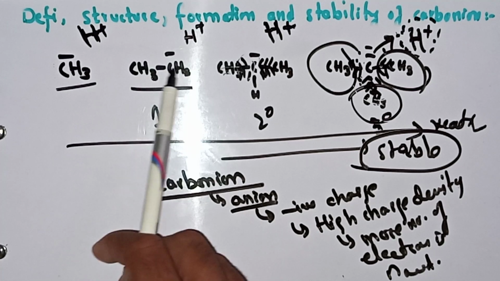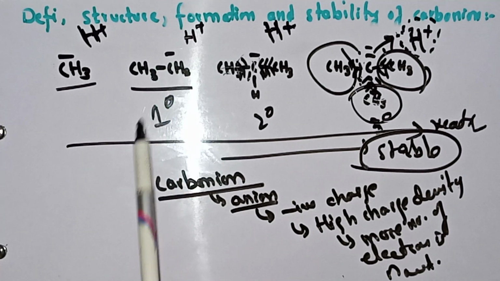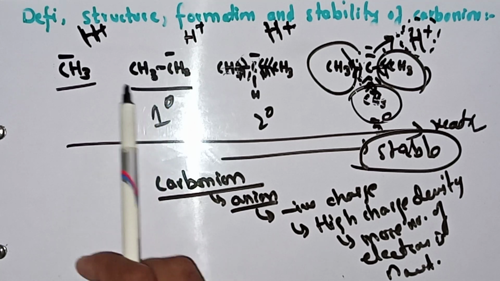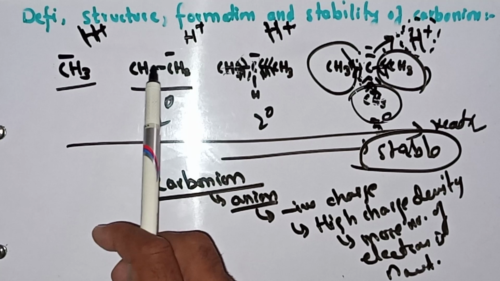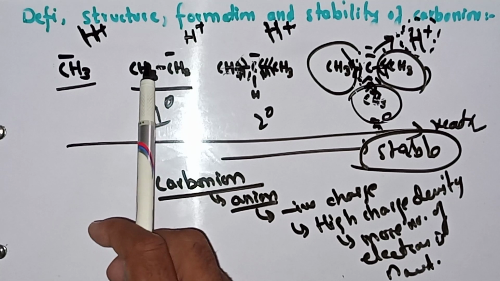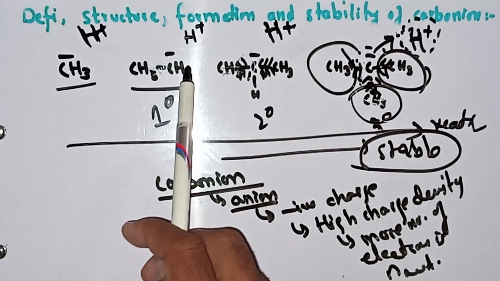While in the primary carbanion, only one electron donating group is attached, so only one group shows an increase in the electron density on the carbanion.